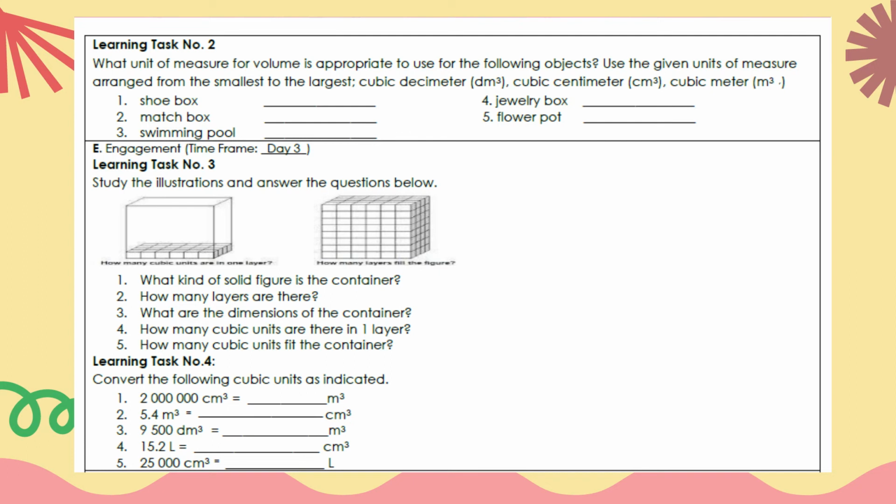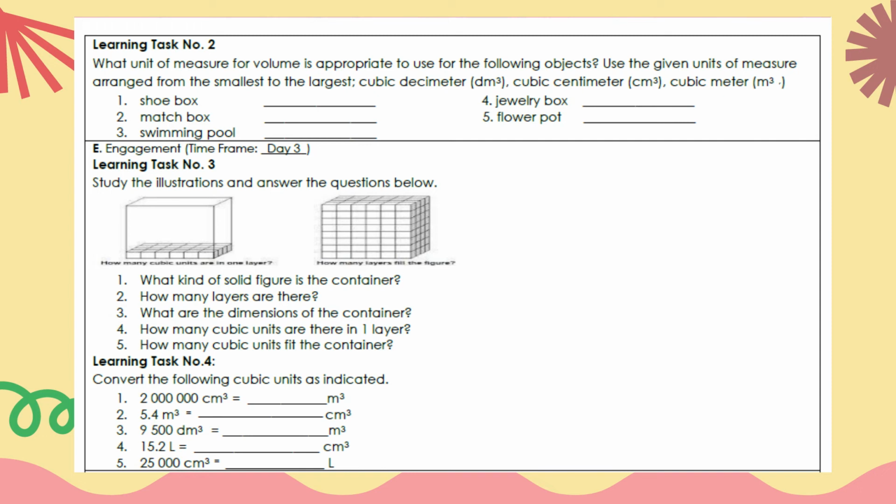Use the given units of measure, arrange from the smallest to the largest: cubic centimeter, cubic decimeter, cubic meter. Number 1, shoebox. Number 2, matchbox. 3, swimming pool. Number 4, jewelry box. And number 5, flower pot. So, you may choose which unit is appropriate for that given.